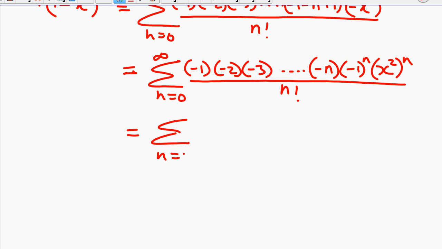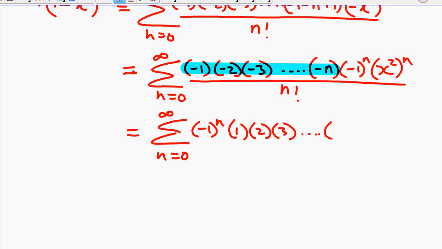Now let's simplify this. Sum from n equals 0 to infinity. Here I can factor out negative 1 from all these terms, so I'll have negative 1 to the power n, and then 1, 2, 3, all the way up to n.